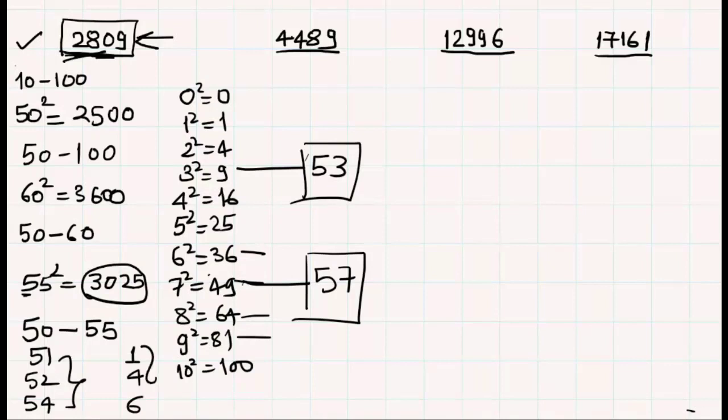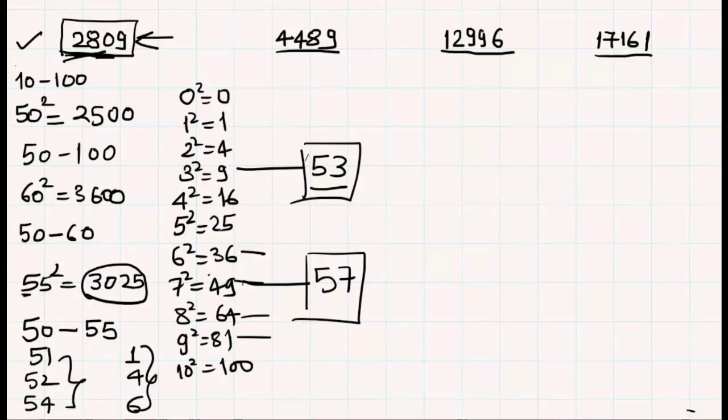There is no 9 here. So the only qualified number is 53. So the square root of 2809 is 53. I hope you understood this method as well.